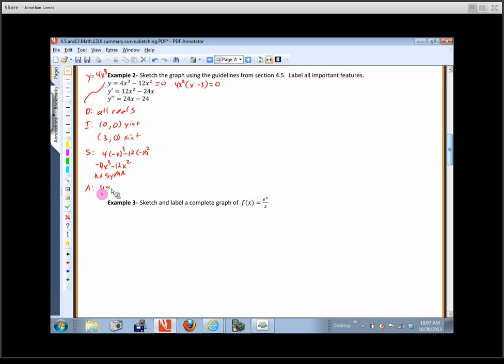Let's check the limit as x goes to infinity of 4x to the third minus 12x squared. What's the most dominant term here? The cube one is. So if we plug in a positive infinity, this is going to tend to positive infinity.